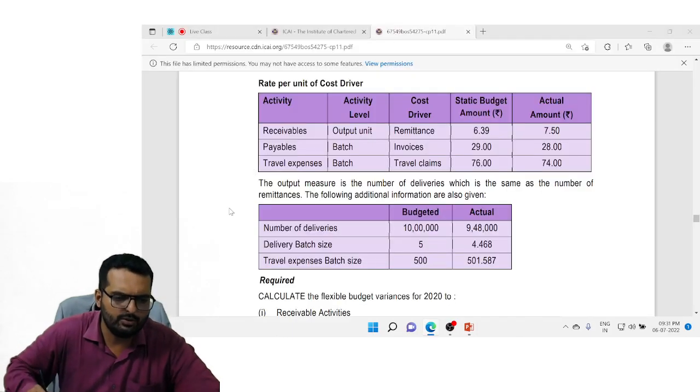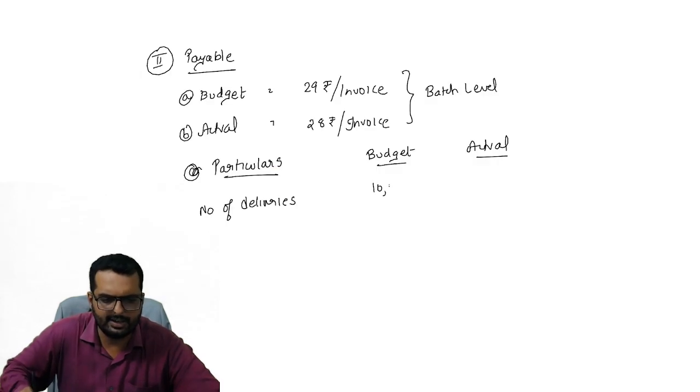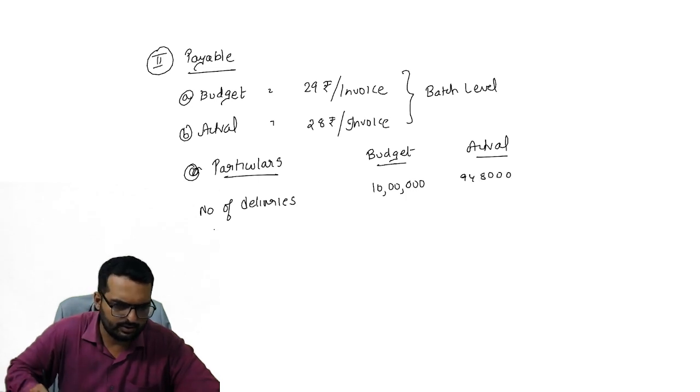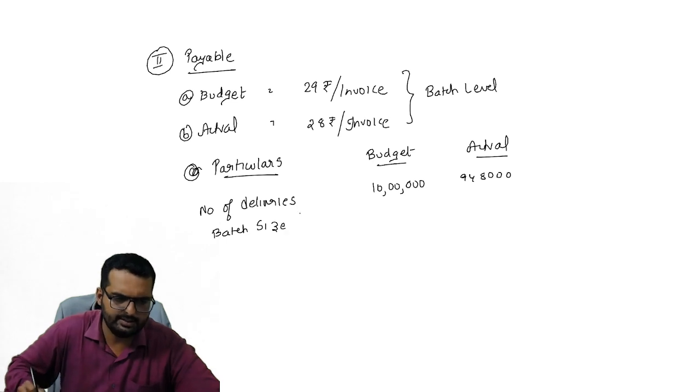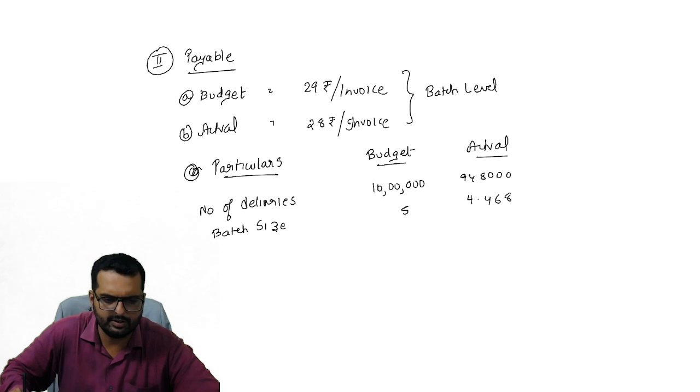All right. So now here I'll write down number of deliveries. So I get 9 lakh 48,000. They have the batch size that is 5.4468.